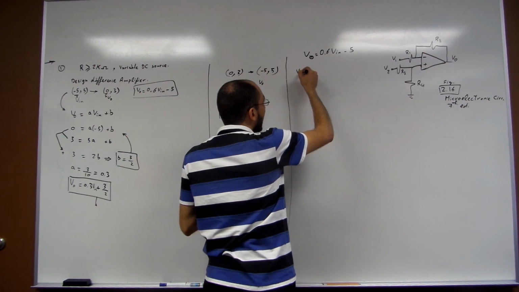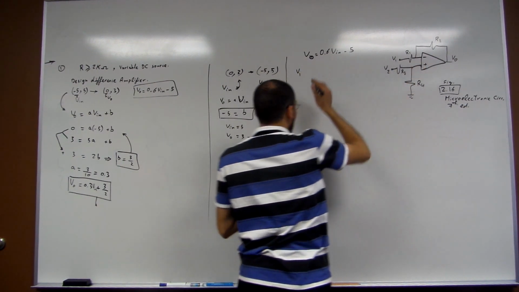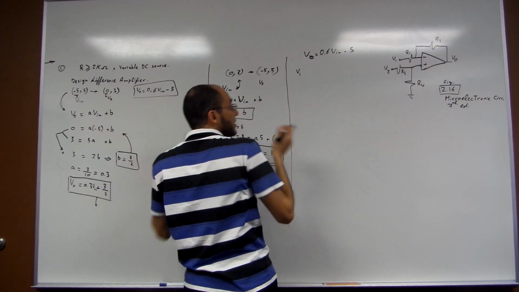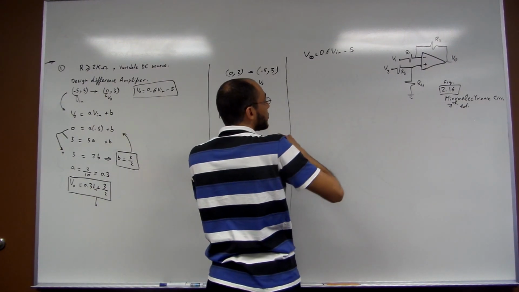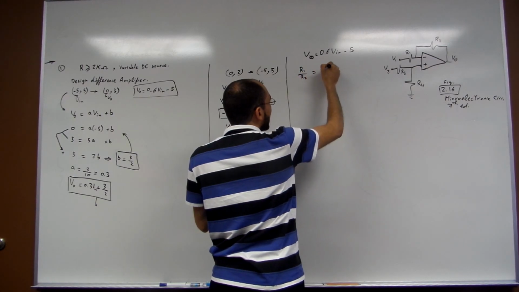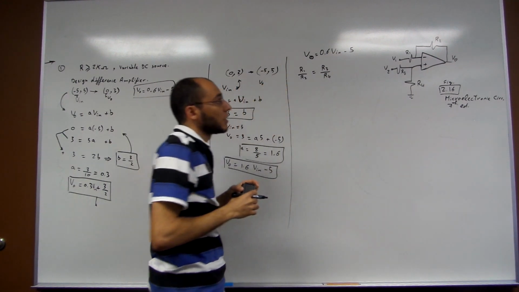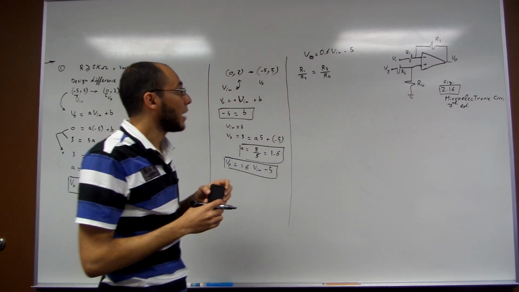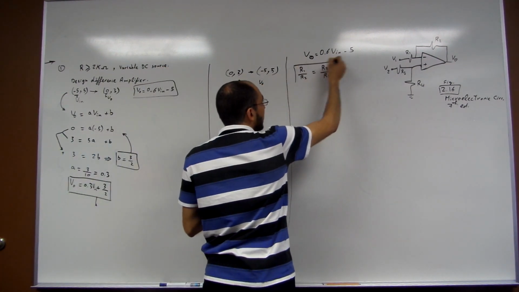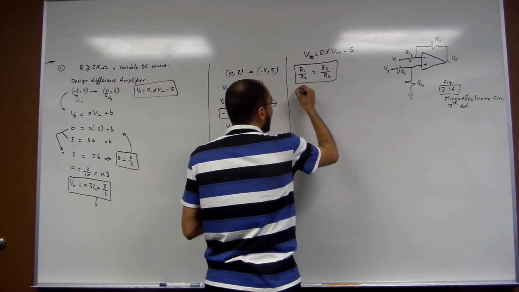Of course, you're allowed to do some simplification. Some might say, since it's a design problem, I'll assume R1 over R2 equals R3 over R4, which would simplify the analysis a lot. However, I'm not going to assume this right now; I'll solve it in the general case.